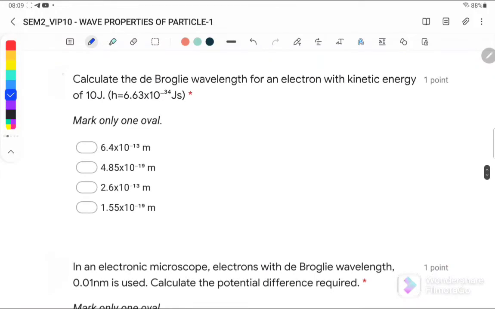Next is question number 3. Calculate the de Broglie wavelength for an electron with a kinetic energy of 10 joule.